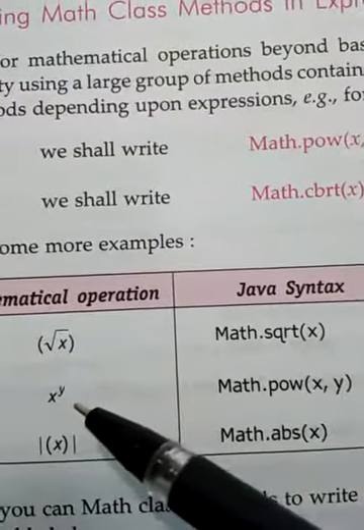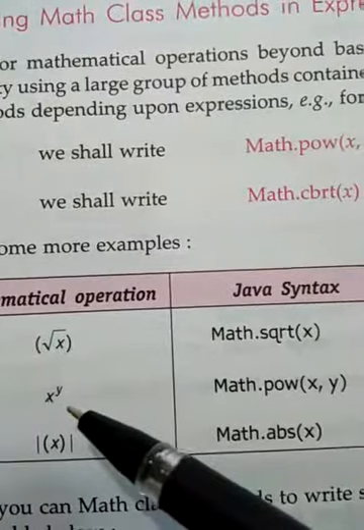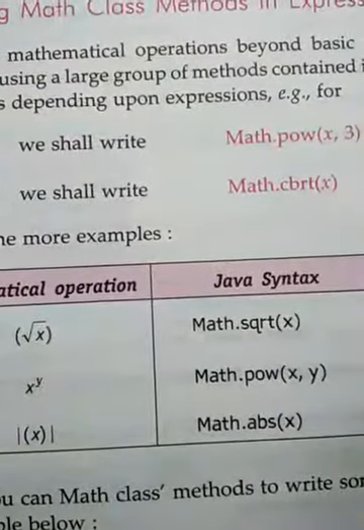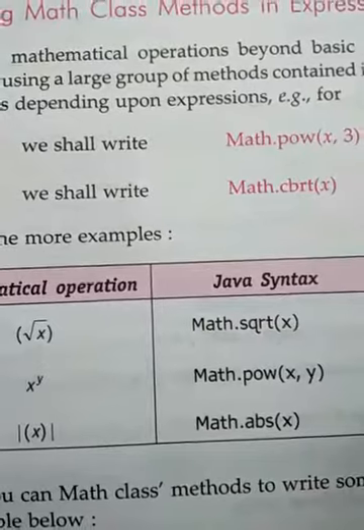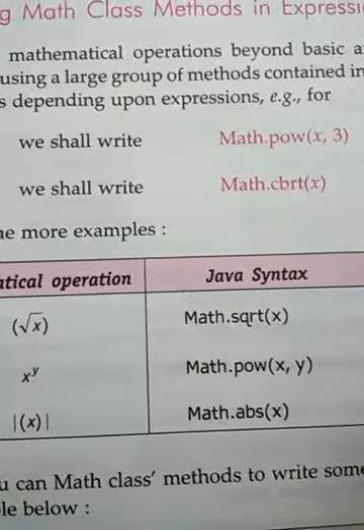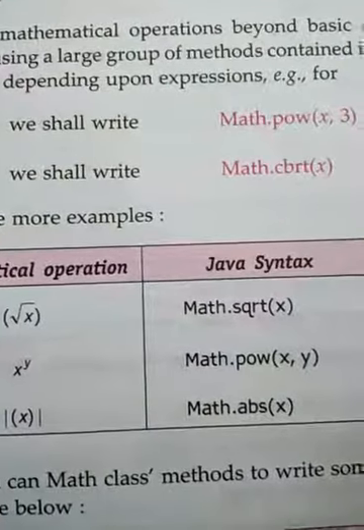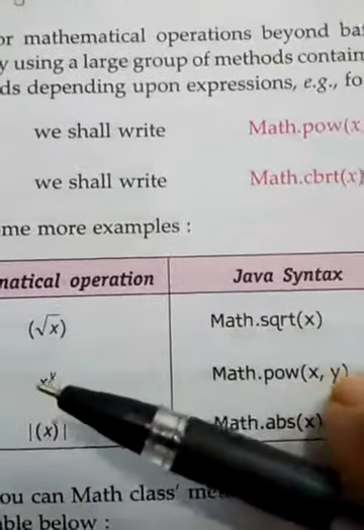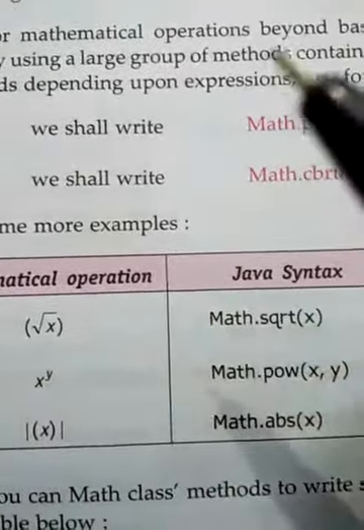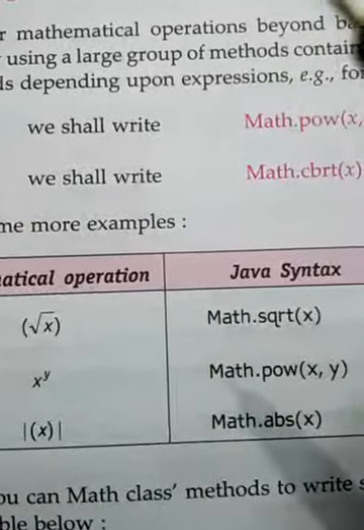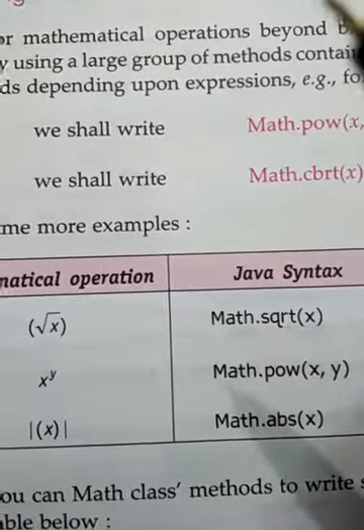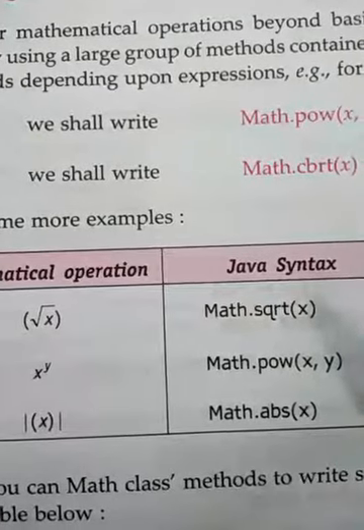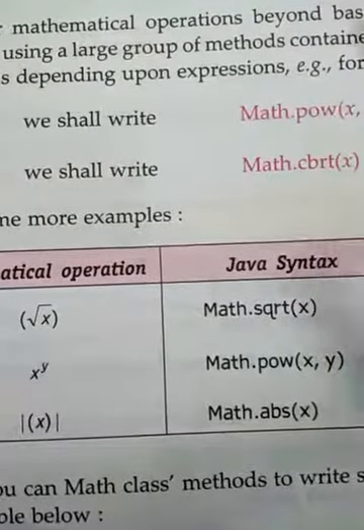Similarly, if we want to calculate x to the power of y, there is the function pow. Then we will write Math.pow(x, y), so x to the power of y will be calculated. In case of e to the power of y, instead of the power function, the exponent function will be used.